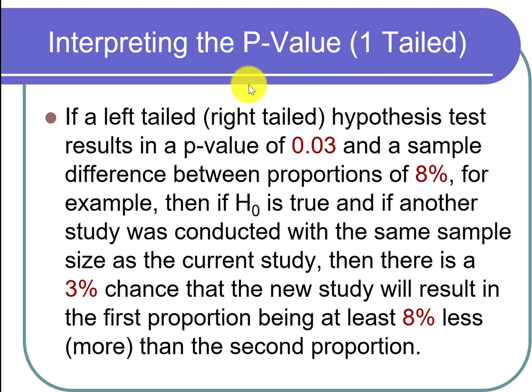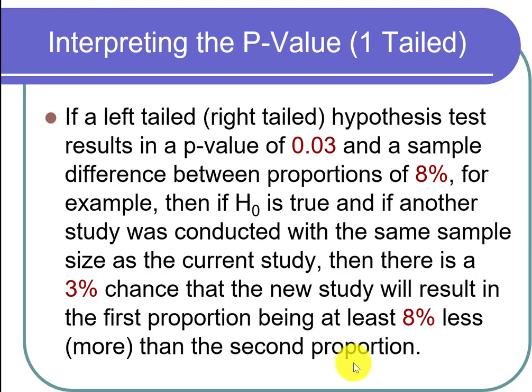So for a one-tailed test, for example, if a left-tailed or right-tailed hypothesis test results in a p-value of, let's say, 0.03, and let's say the sample difference between the proportions was 8%, then if H naught is true, and another study was conducted with the same sample size as the current study, then there is a 3% chance, that's our p-value, that the new study will result in the first proportion being at least 8% less, because we have 8% here, or if it's right-tailed, more, than the second proportion.